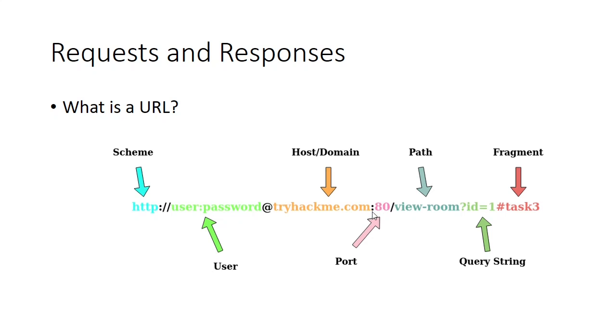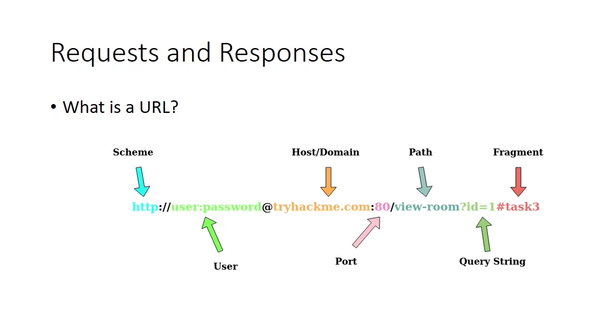Then you get here 80, which is the port number. So the port number that you are going to connect to. If we are looking for HTTP, by default it's usually 80. So that's why when you type in a URL, you rarely type a port number.